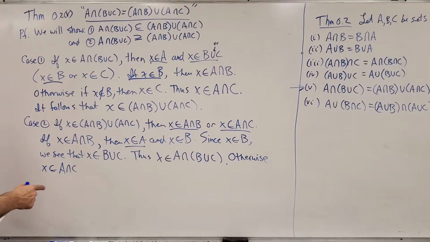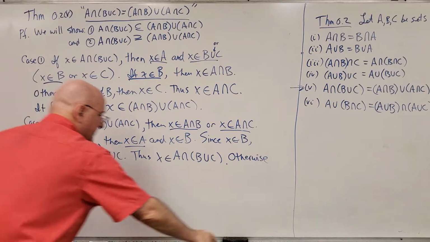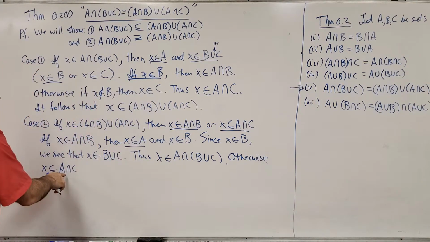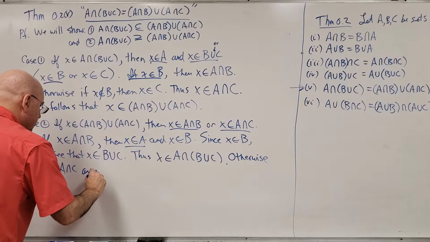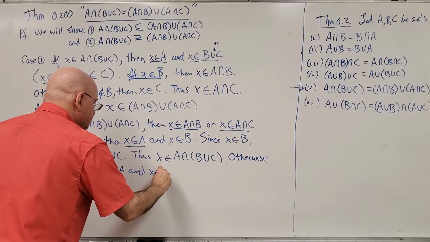Okay, if it's in A intersect C instead of A intersect B, then otherwise, well, maybe I should use the word and there. Otherwise, X is an element of A intersect C, and so X is in A and X is in C.